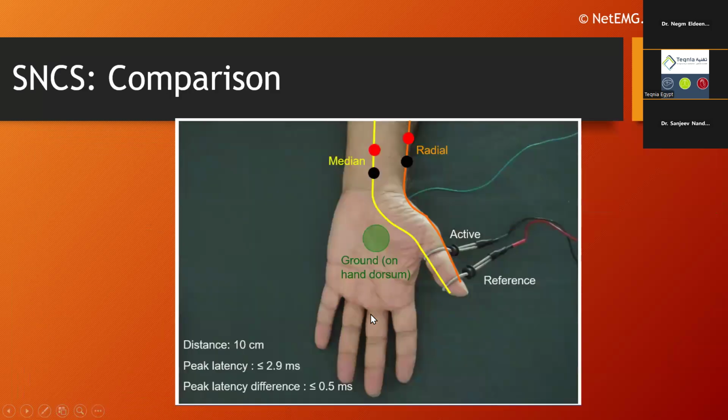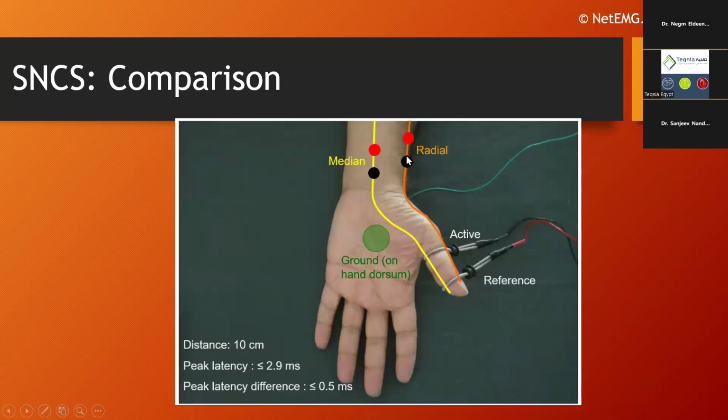It is very common to compare conduction studies among different nerves in sensory nerve conduction. This is often used, for example, in the study of tarsal tunnel syndrome or carpal tunnel syndrome. We know the thumb has dual innervation. It is supplied by the median and radial nerves.